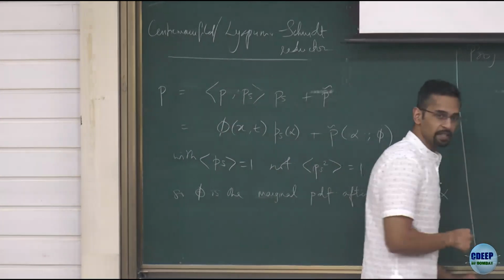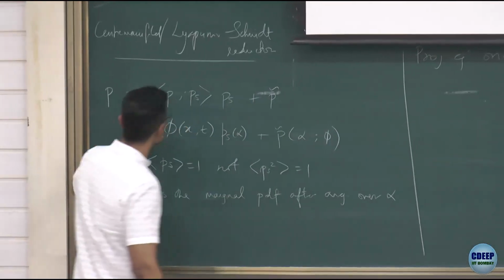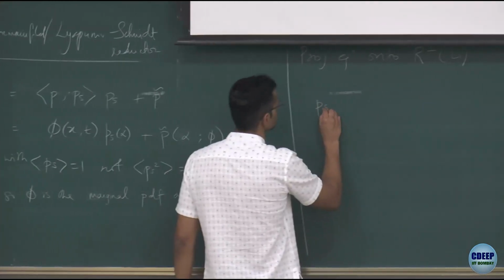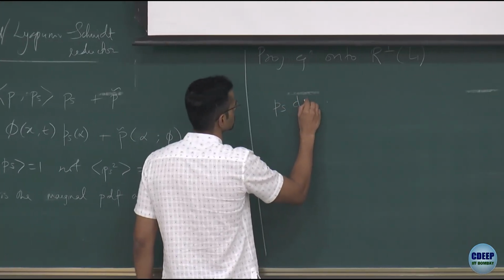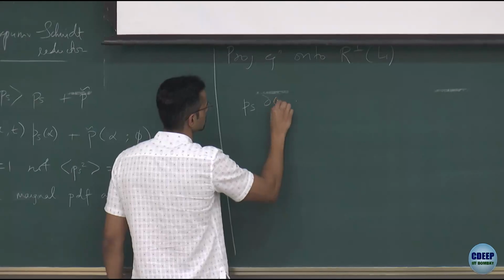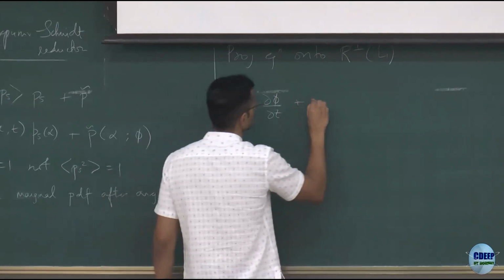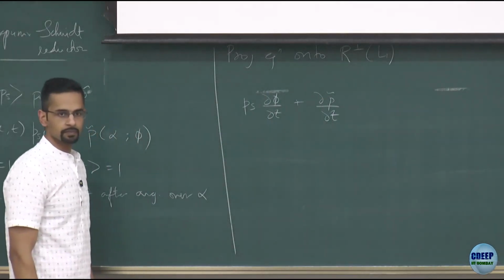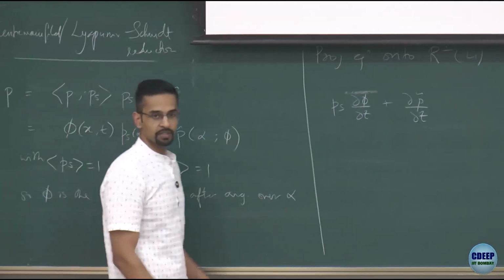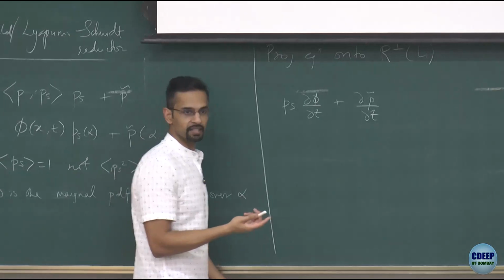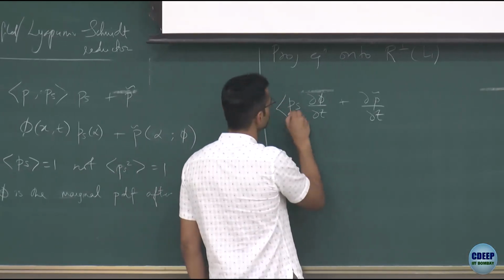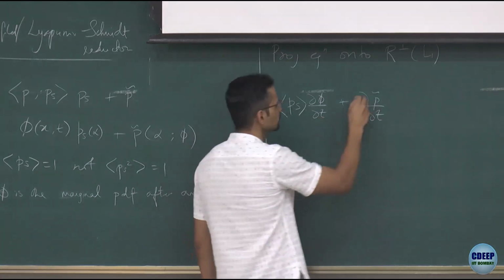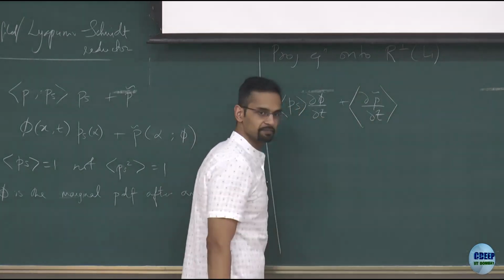So I have first dp dt, but p I write this way. I take dp dt, I make the substitution, then I multiply by 1 and take the average with alpha. Okay, so when I do that, of course, I will get the average only on ps. This doesn't depend on alpha. Here the average will sit.